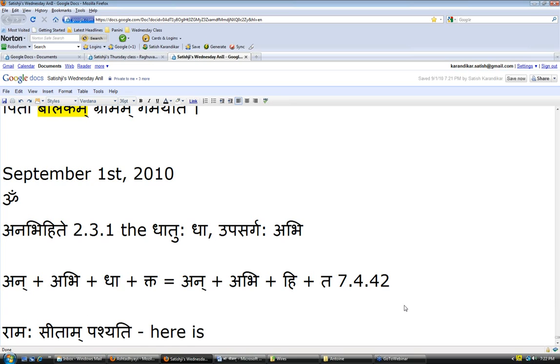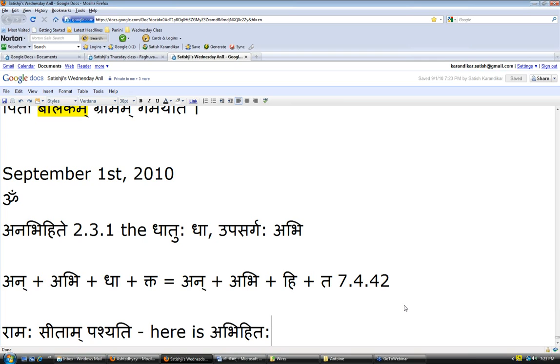Why? Because this word pashyati is telling you that we are expecting some karta who is a third person singular. So it has already given you a clue about who the karta can be. Information about Rama has already been divulged with the word pashyati.